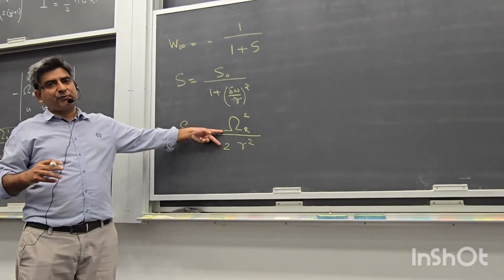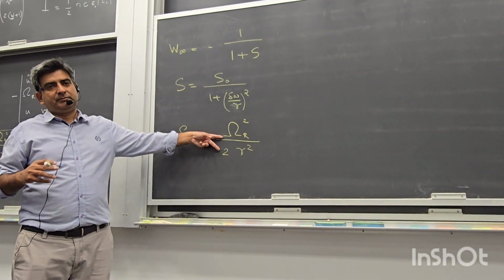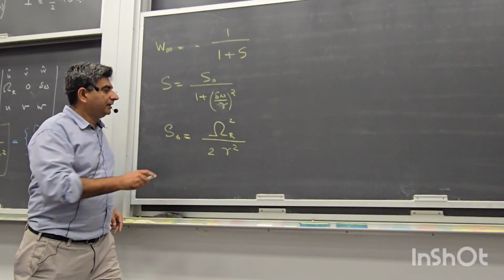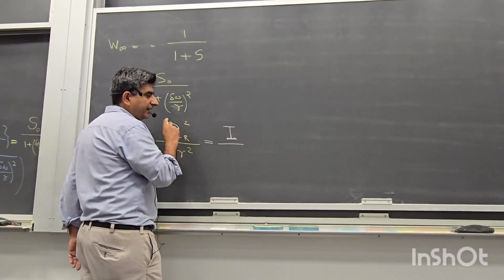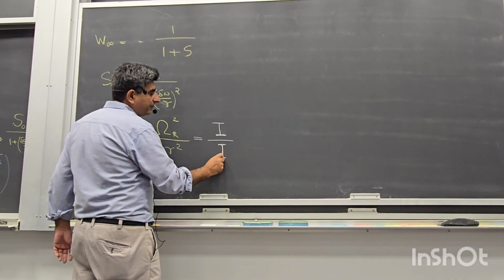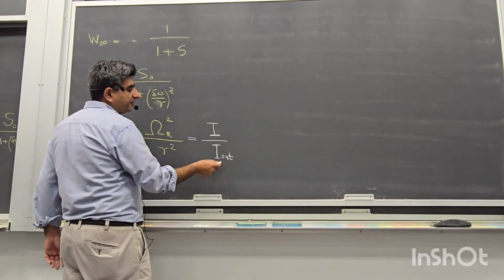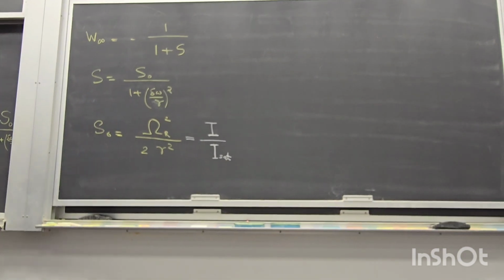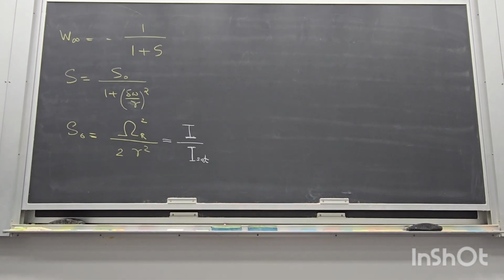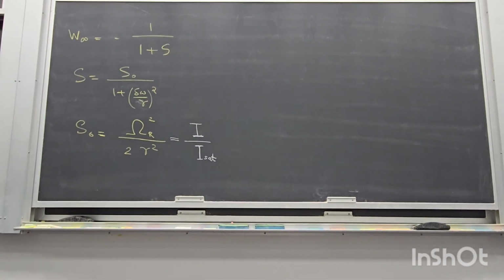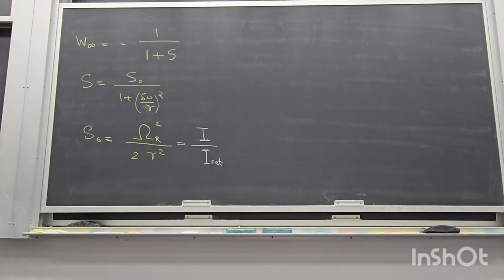So this is a ratio of two intensities really. Okay? So I can put this equal to the intensity of the incident light normalized to some other intensity which is specific to the atom, I sat. Okay? So now these are my very nice relationships.